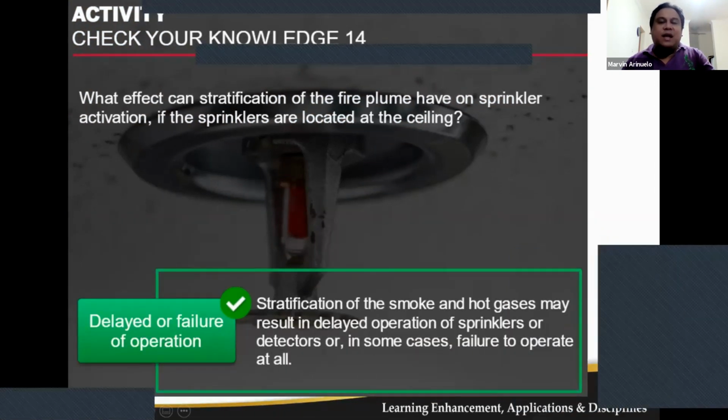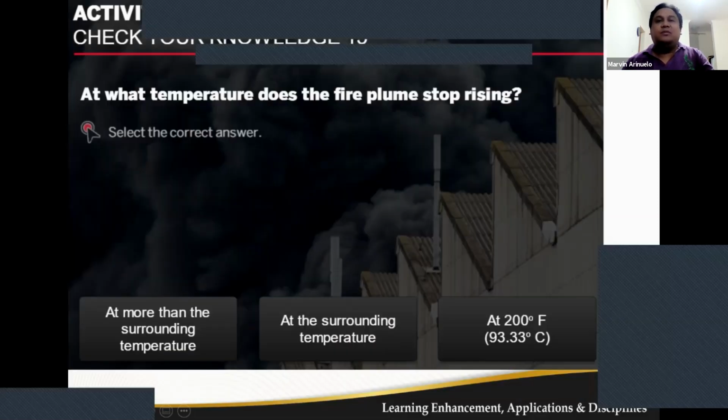Stratification of the smoke and hot gas may result in delayed operation of the sprinkler or detectors, in some cases failure to operate at all, because stratification means there is no buoyancy anymore. That might cause your detector to fail to operate or delay. Okay, so those will be the two potential reactions.